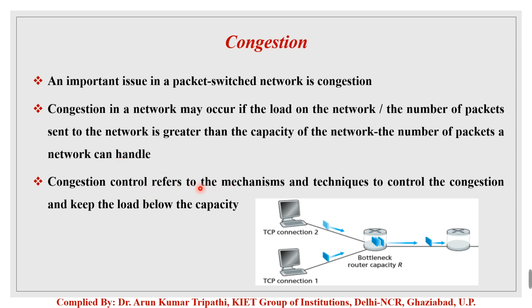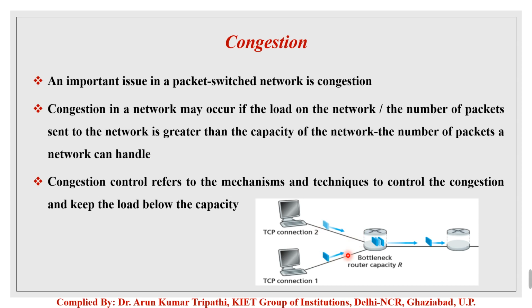Congestion control refers to the mechanism or technique to control congestion and keep the load below the network capacity. For example, consider a router with a processing capacity of 10 Mbps, and data is coming at 10 Mbps from this connection and 10 Mbps from this connection.